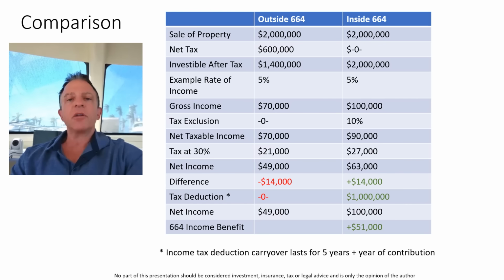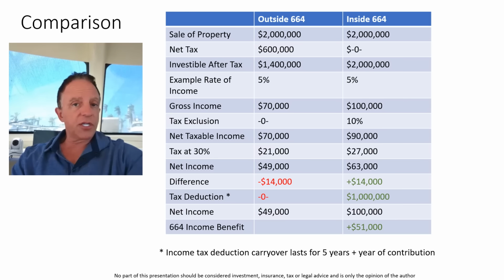Yes, you can. I'm going to make this example really, really simple. We're going to assume you're not going to use the deduction on anything else other than wiping out the tax on your income from the 664. Okay, so we're going to try to keep this example as simple as possible. So you get a $1 million deduction.